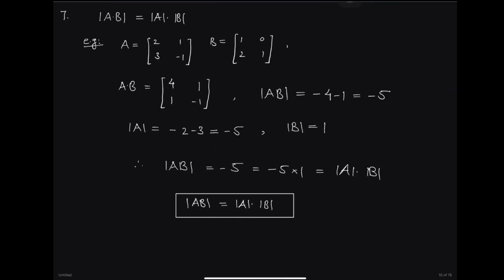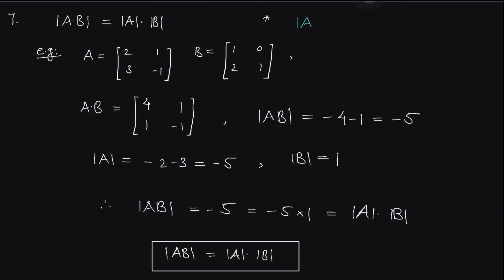In general, remember that the determinant of A plus B is not the same as the determinant of A plus the determinant of B. So let us find the determinant of A plus B in this example, component-wise. 2 plus 1 is 3, 1 plus 0 is 1, 3 plus 2 is 5, minus 1 plus 1 is 0.